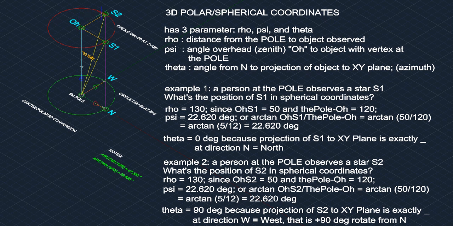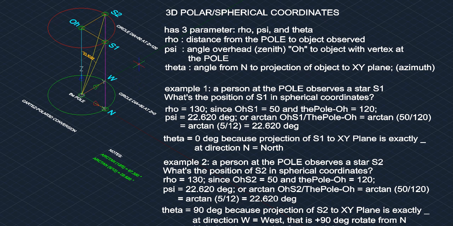And we have theta, that is azimuth. From north we measure to the projection of the object on the xy plane, or the base circle here.